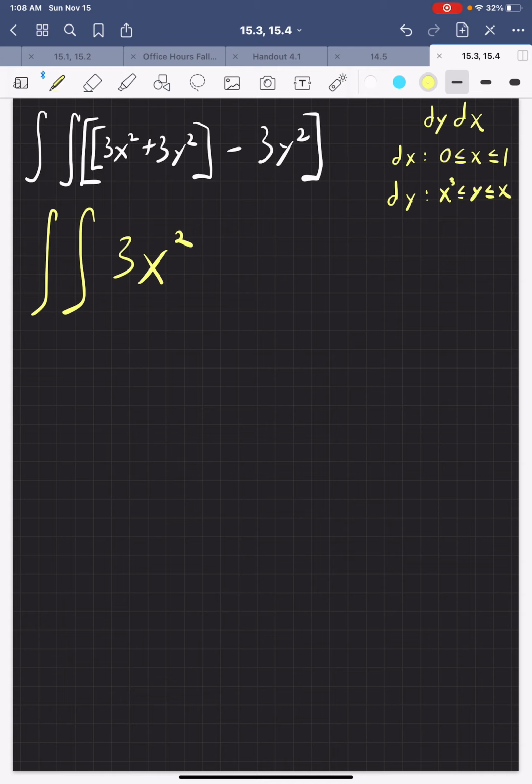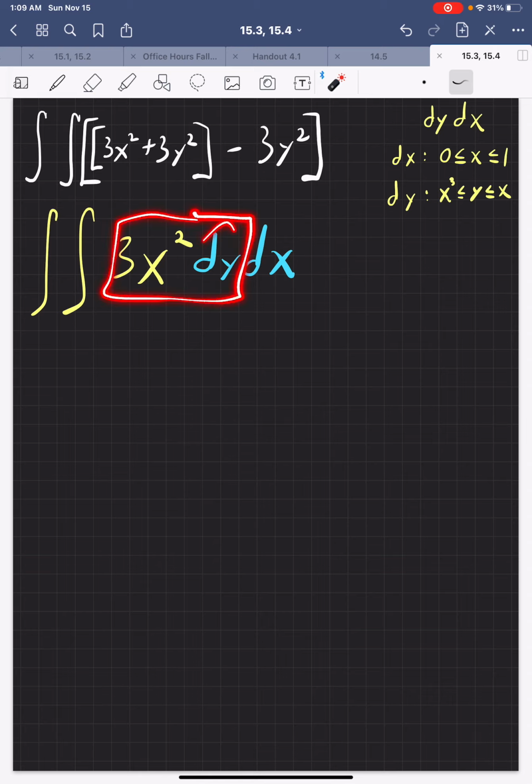We want to go dy dx, because this is really easy. It's not bad to integrate with respect to x either, but it is just much easier if you integrate with respect to y.